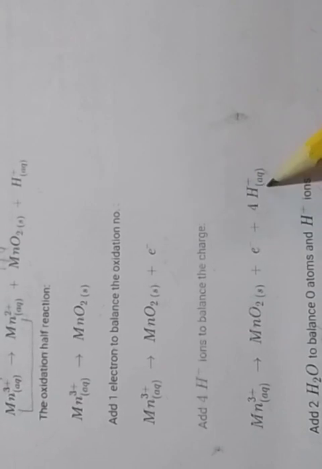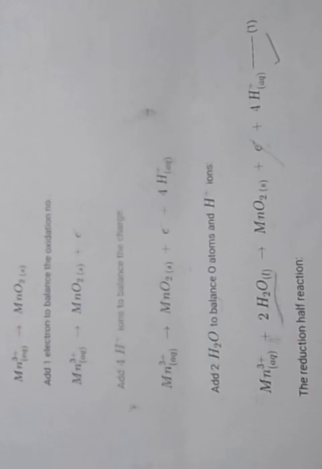So we have to write 1 electron on the right hand side. Then for balancing charge we add 4H plus on the right hand side, and for balancing hydrogen and oxygen we add water on the left hand side. So this is equation number first, the oxidation half reaction.